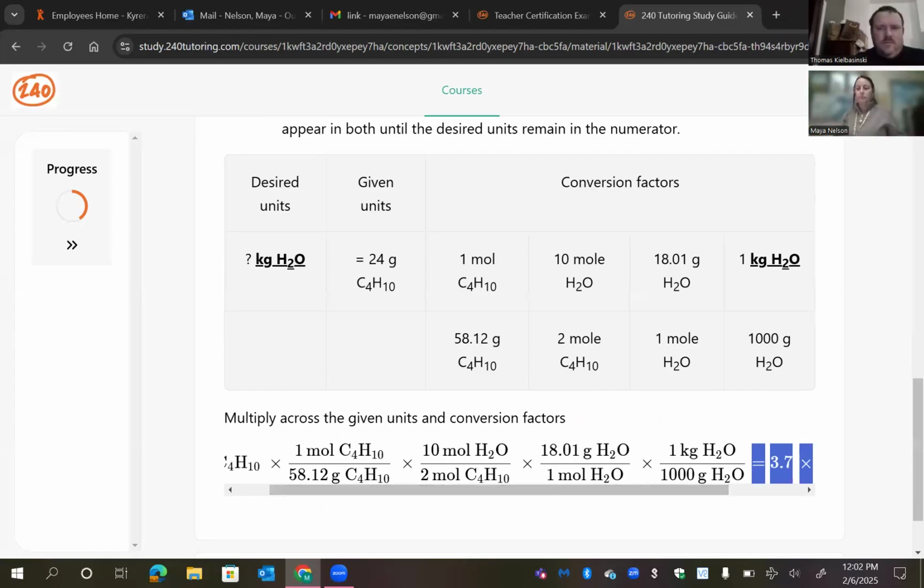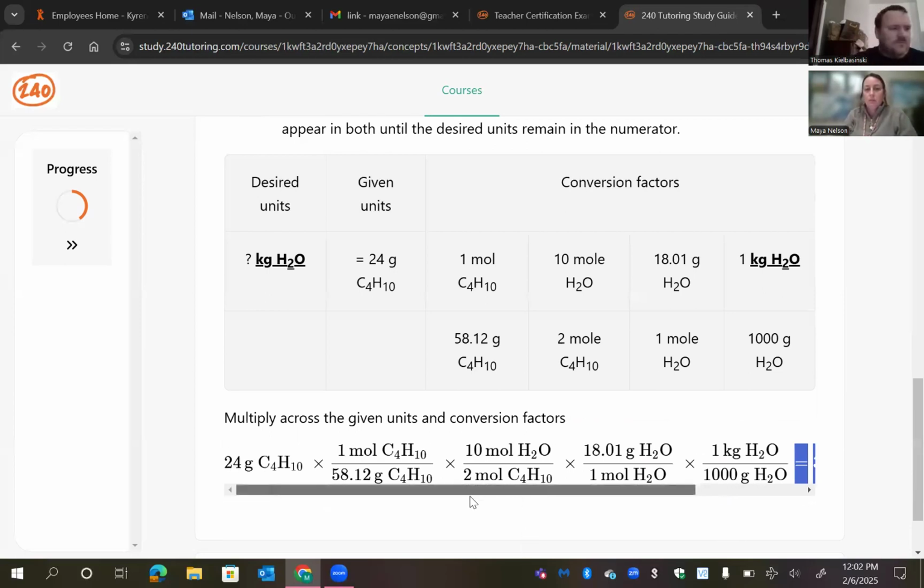So would you multiply each one? It's not just 1 times 58.2, is it? No, it was multiply across. So you multiply across, so you do 24, 1, 10, 18, and 1. Wait a second, let me try something here. That's 180.1.